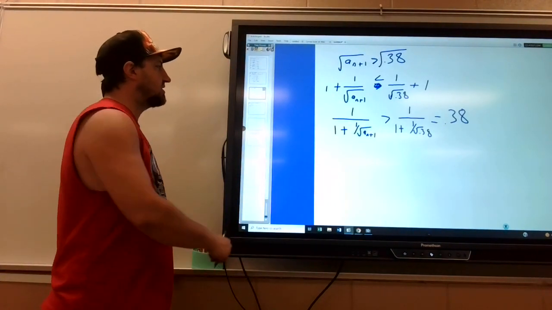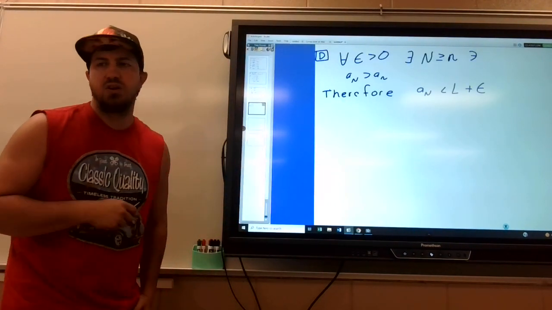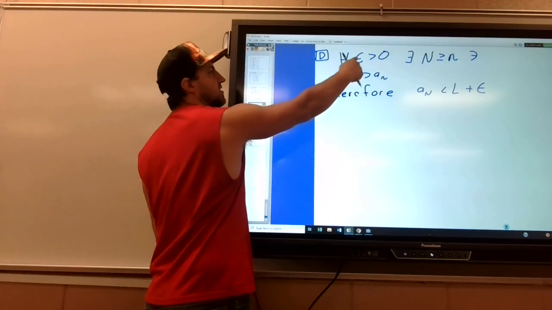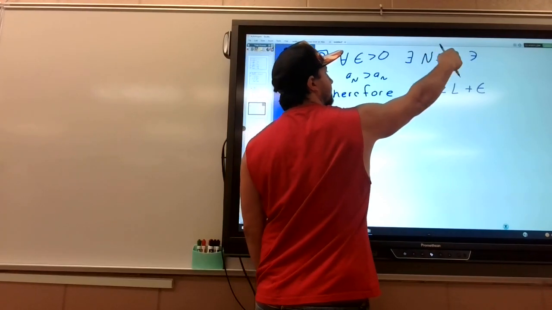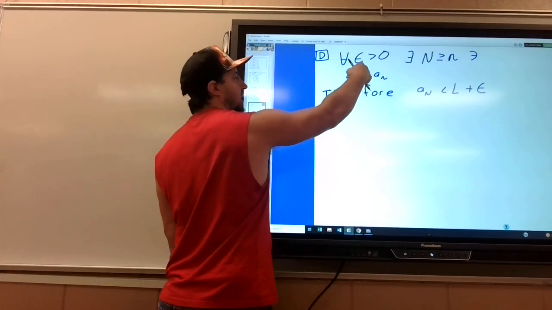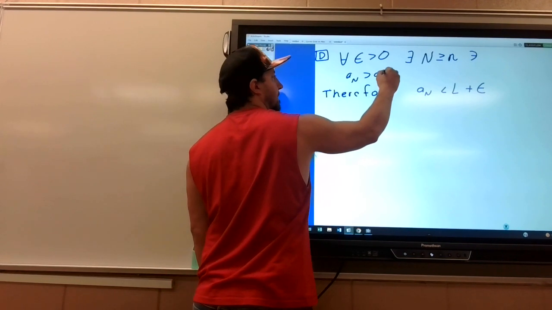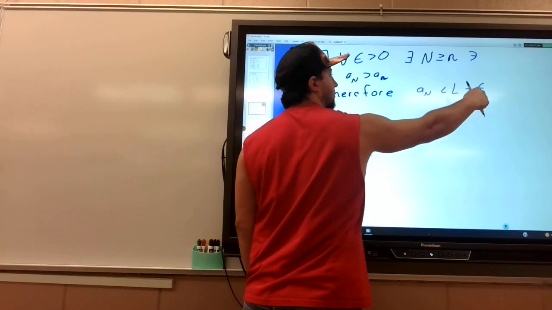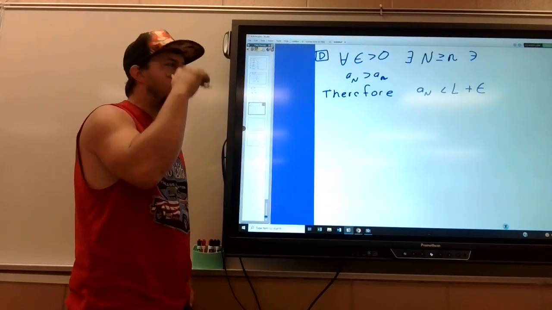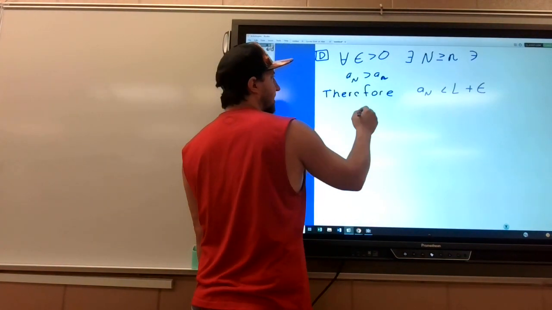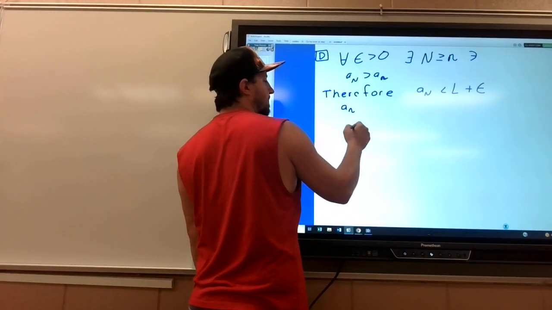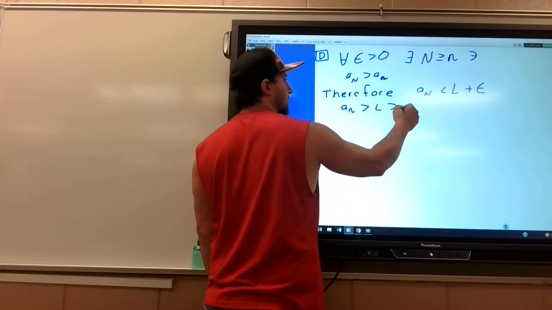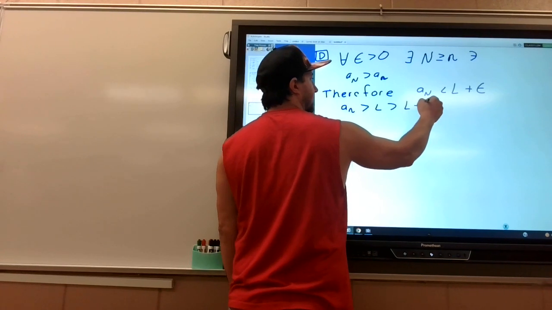For the final portion of this, I need to show that it works for any epsilon here. So for all epsilon greater than 0, there exists a capital N that's bigger than little n, such that a sub n is bigger than a sub little n. If that's true, I have a sub capital N is less than L plus epsilon, so it's just a little bit above L. If that's the case, I also know a sub little n is greater than L, which is greater than L minus epsilon.